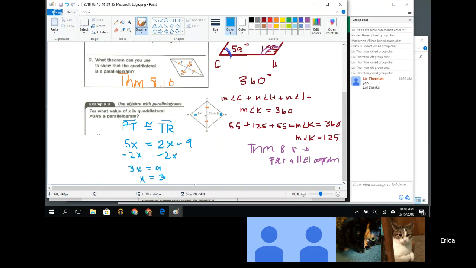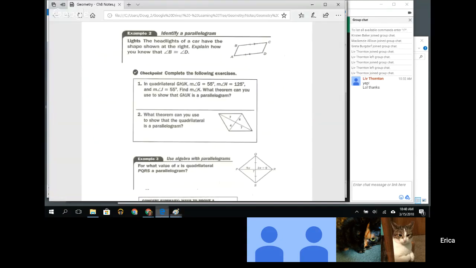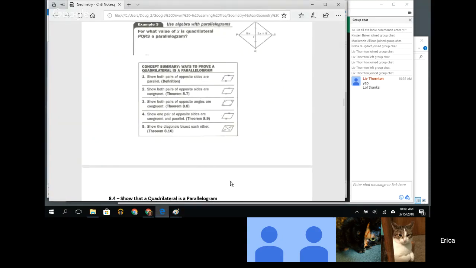Okay. So on the bottom of your notes is this nice little chart. Here it wraps up all of those theorems that we did in this section. It lists ways to prove a quadrilateral is a parallelogram. You could show that both pairs of opposite sides are parallel to each other, because that's the definition of a parallelogram. We can show that both pairs of opposite sides are congruent.